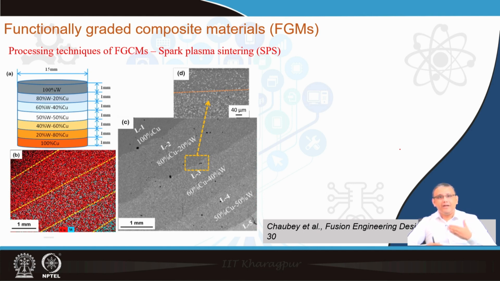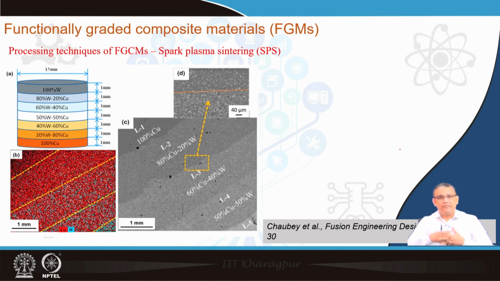On the other hand, the back side should have extremely high conductivity to dissipate the heat. That is why on the plasma facing side tungsten is a very attractive material, because it has a very high melting point, and copper is a very attractive material for the back side of the plasma facing component, because it has a very high conductivity.